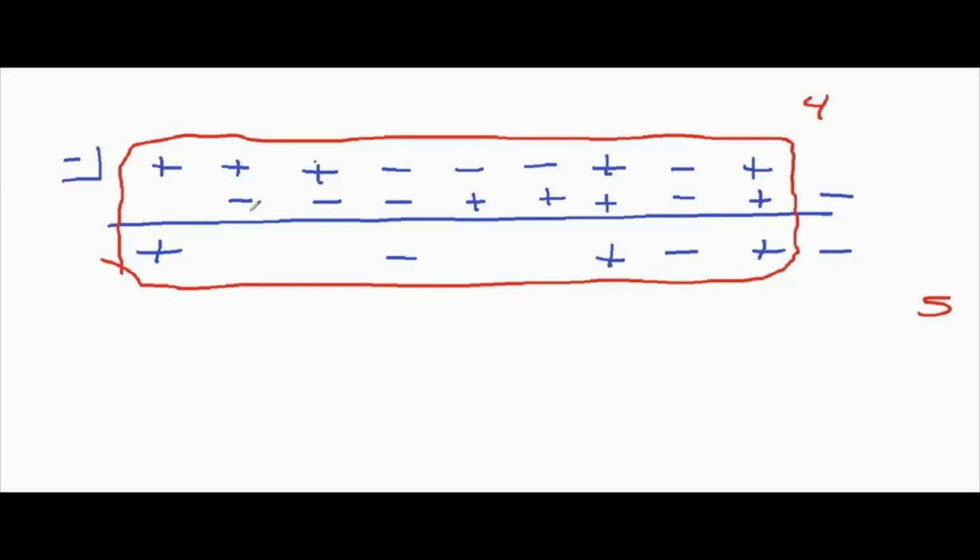But if there is a sign change, this creates another sign change. So between here and here was a sign change. I did negative times positive, it put a negative, and it created a forced sign change.